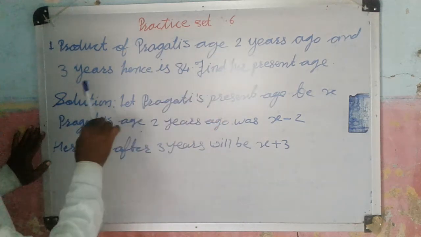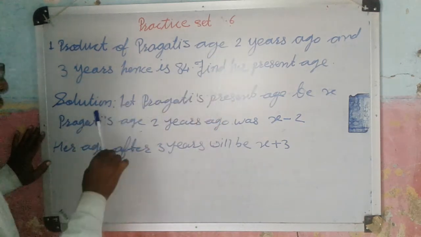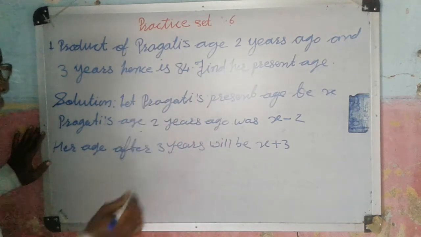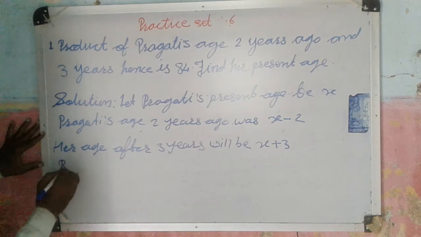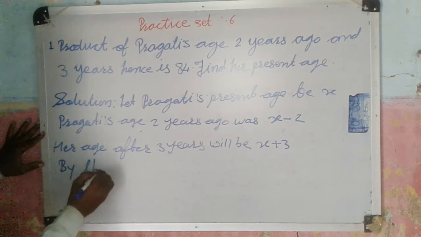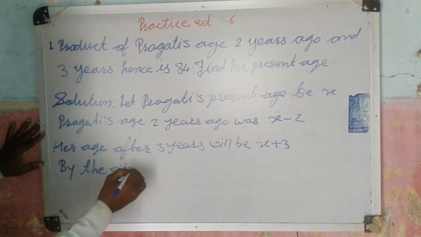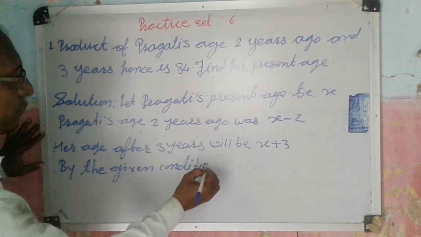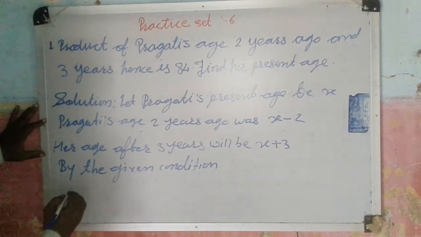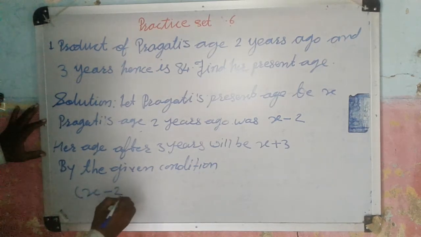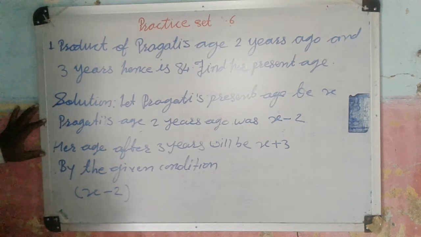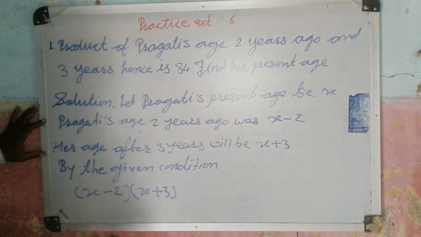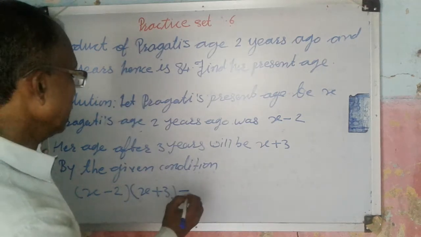And according to the given condition, the product of these ages is 84, and therefore by the condition, (x minus 2) into (x plus 3), the product of these two terms is 84.